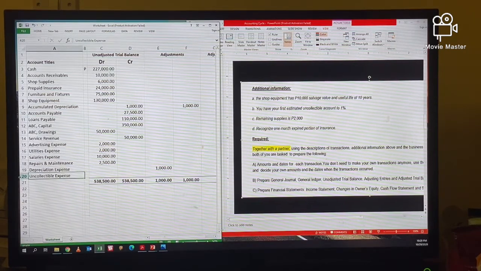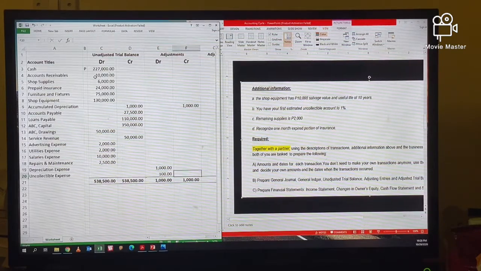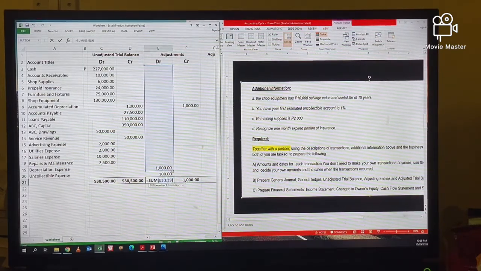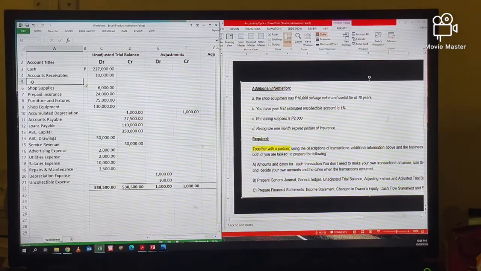So, debit natin uncollectible accounts. Sabi niya 1%. So, 10,000 times 1%. So, you have 100 here. And, ang contra account niya, ang credit niya lagi for doubtful accounts is allowance for doubtful accounts.